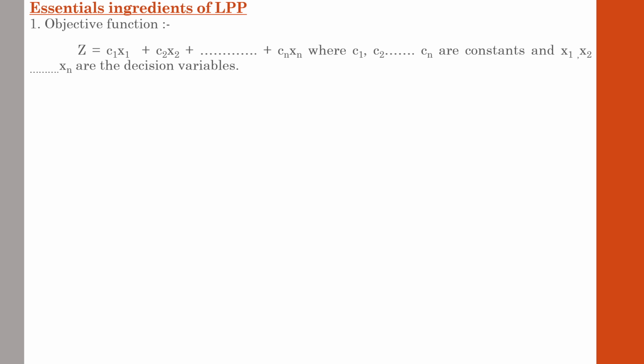Right now, just understand C1 and C2 are constants. Constants are usually represented in numbers, and x1, x2 represent the decisions in which area we have to take the decision. If I am dealing with any product, x1, x2, x3 or x4, whatever it is, will be representing that particular product.